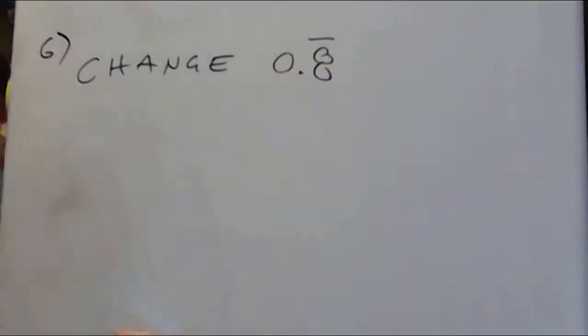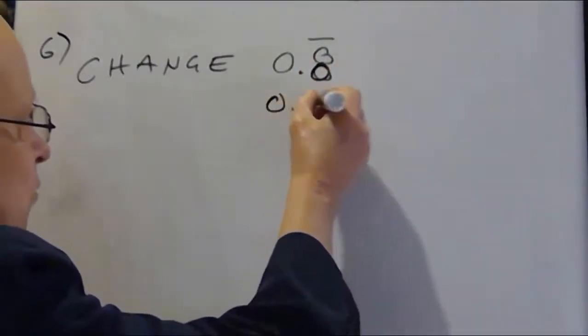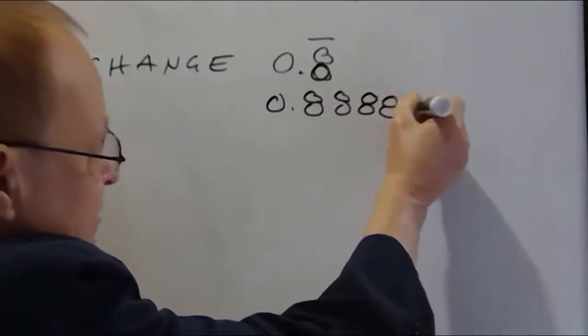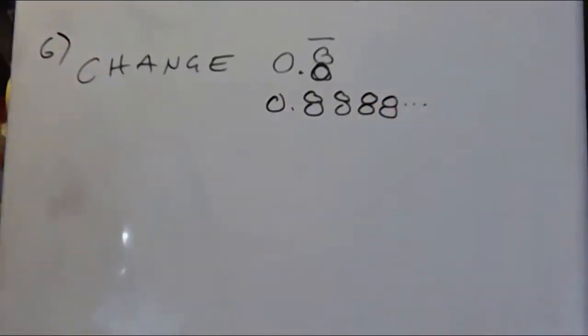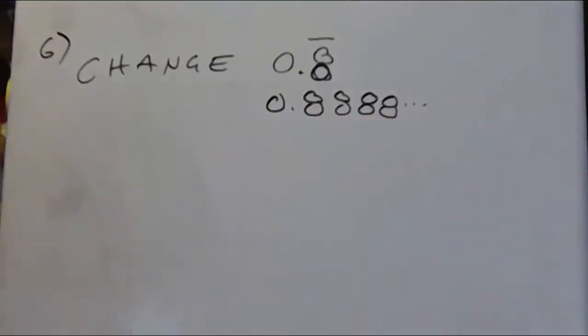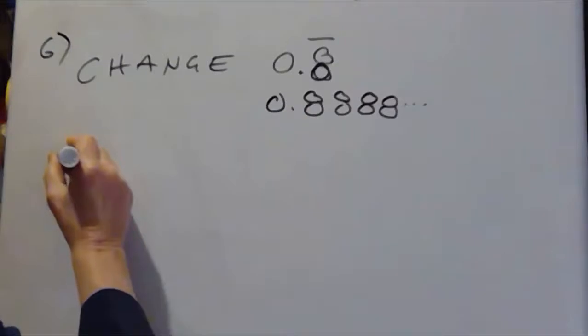So we're talking about 0.8 bar, which is the same thing as 0.8888..., and the dots mean it goes on forever, and we want to change that into a fraction. So how do we do this? Well, we want to be able to subtract off all this repeating stuff, and that's the idea. So what we're going to do is multiply this by 10.